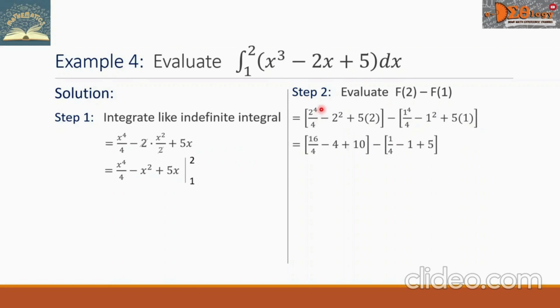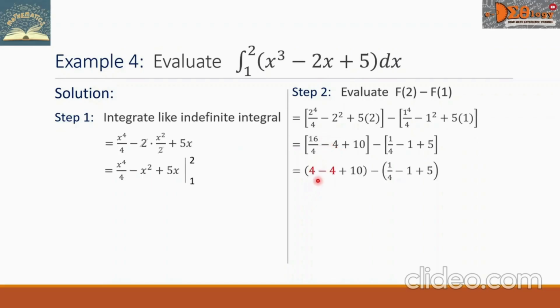This 2 raised to 4 is 16 minus 2 squared is minus 4. 5 times 2 is 10. 1 raised to 4 is 1. 1 squared is 1. 5 times 1 is 5.